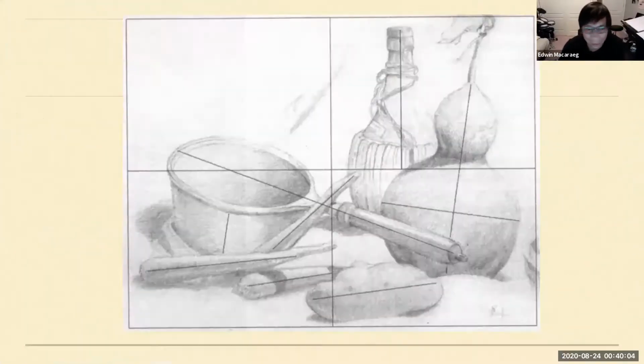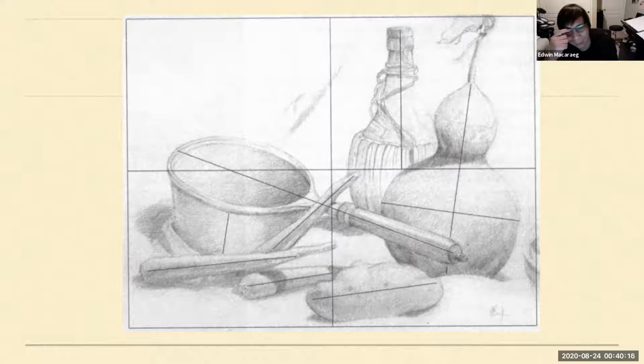So here is an example of the angles and the lines being used here, the axis lines. So whenever it comes to the axis lines, think of a line that is somewhat the center of a particular object or shape.